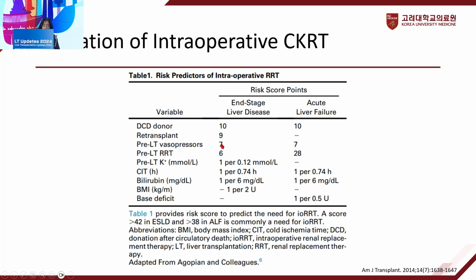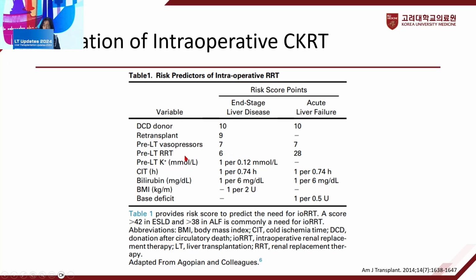Agopian and colleagues developed a risk score to predict the need for planned intraoperative RRT. A score of more than 42 in end-stage liver disease and more than 38 in acute liver failure commonly indicates the need for intraoperative KRT.